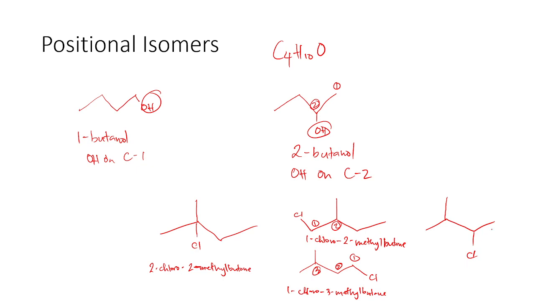So the nearest to our functional group is this one. So this will be 1, 2, 3, 4. Meaning to say we will have 2-chloro, 3-methyl butane. So as you can see here, the position of our functional group, which is chloro, changes.